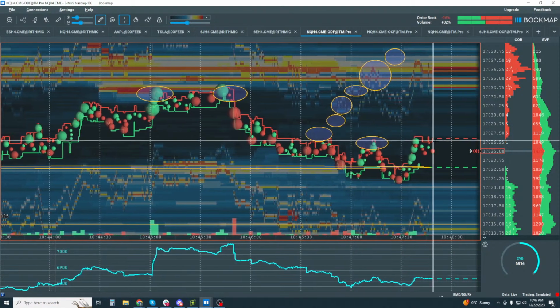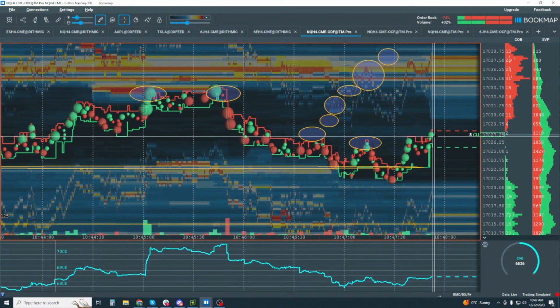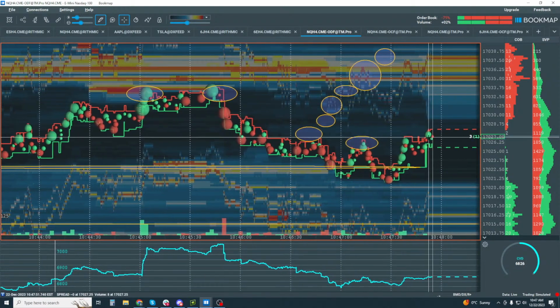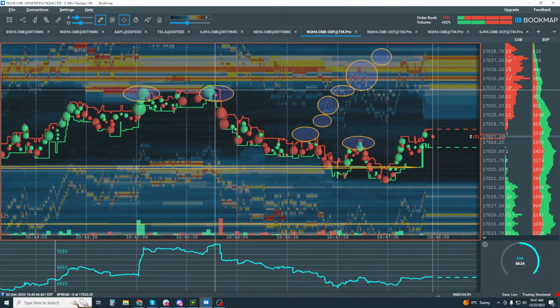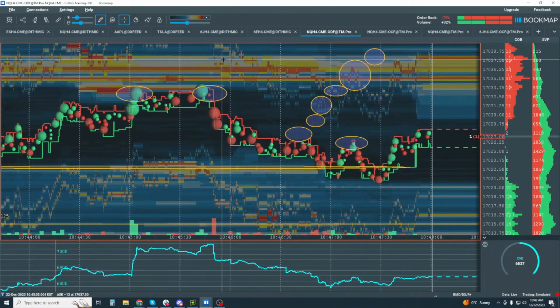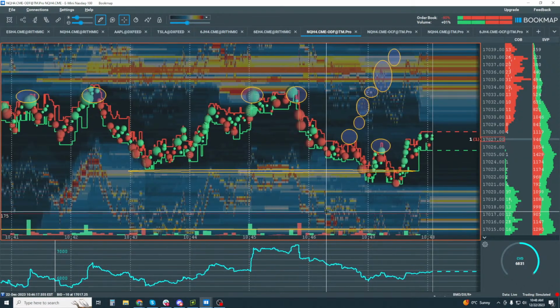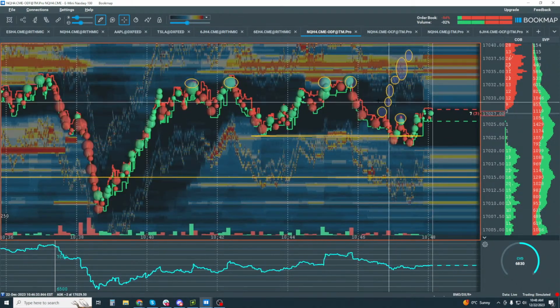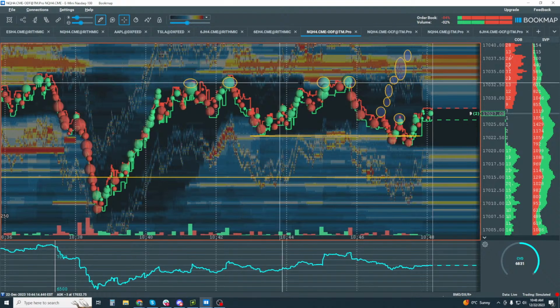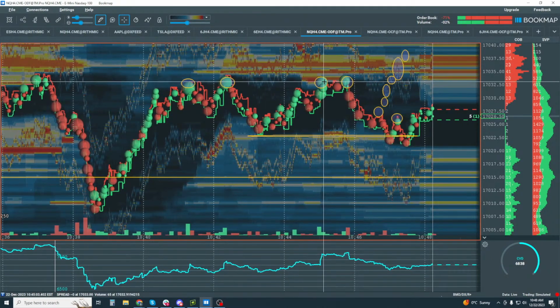Looking for our buyers right here, around this 26.5. And there we go. All right. So let's see it, buyers. Looking for the move right back up to about 33. And then looking for a potential breakout here. Okay. Just by understanding the structure and the volume within that structure here.